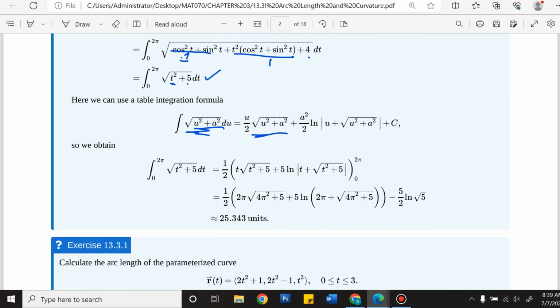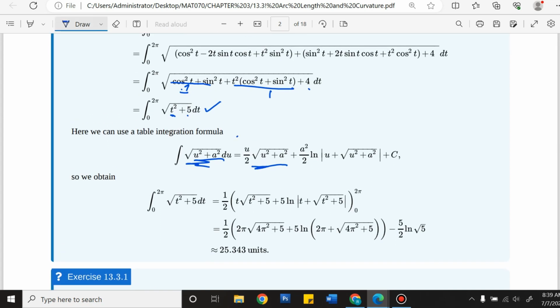Okay. So, after we get this, class, we now substitute the values. Now, take note that we no longer have sine and cosine. So, our 0 to 2 pi are regular numbers now. So, we have 1/2 times t times the square root of t squared plus 5, plus 5 ln of t plus the square root of t squared plus 5.